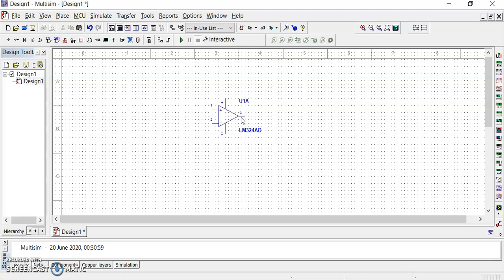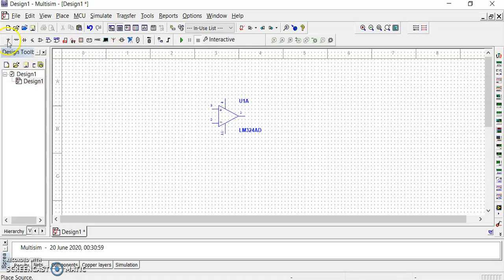Previously we connected the input to the inverting terminal. Now we are going to perform the non-inverting operational amplifier operation, so we need to connect the input to the non-inverting terminal of our circuit.